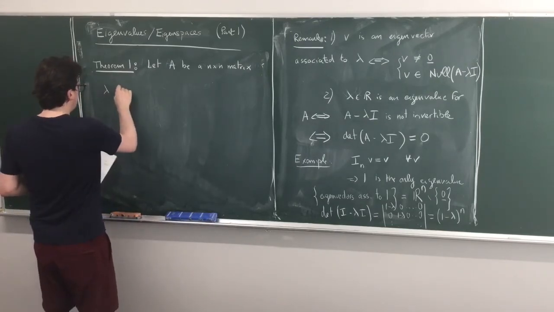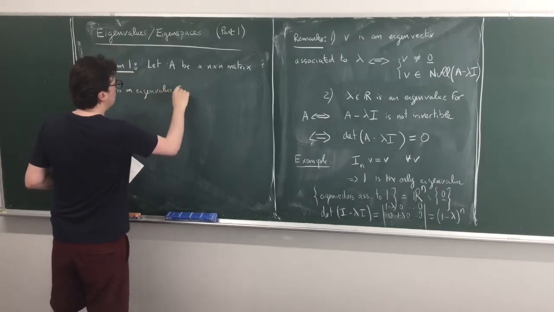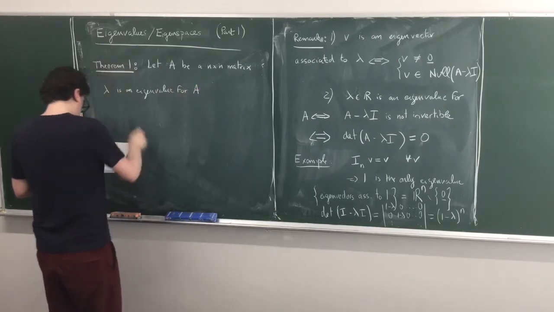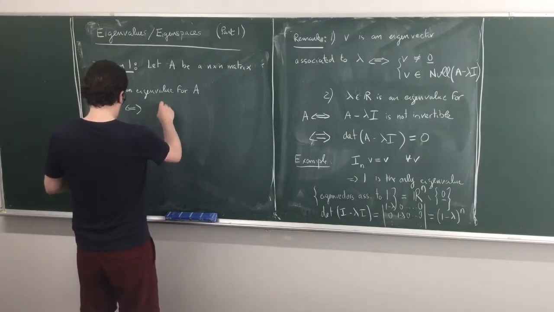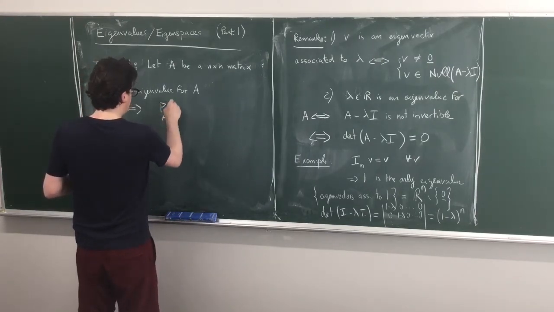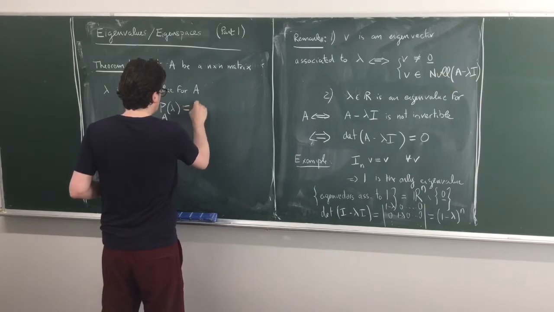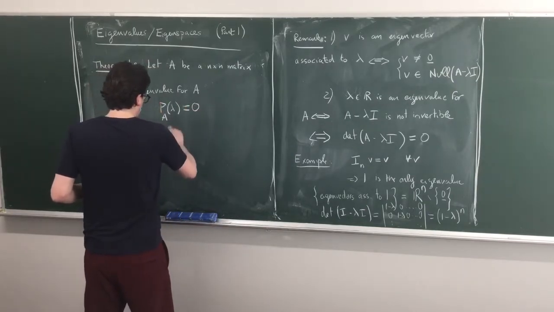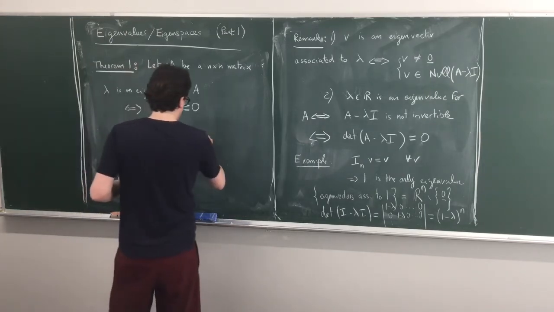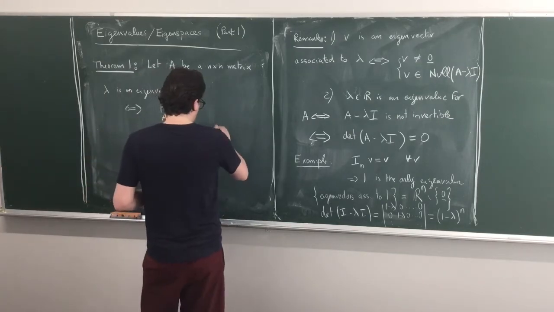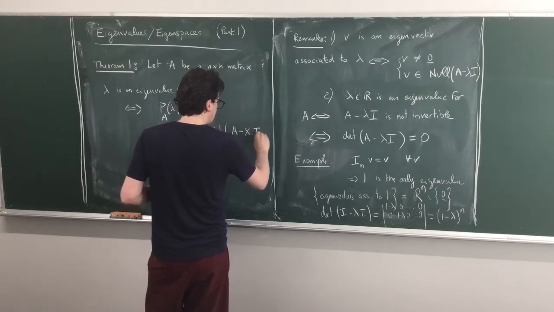Then lambda is an eigenvalue for A if and only if P_A of lambda equals 0, with P_A of X by definition the determinant of the matrix A minus X times the identity.